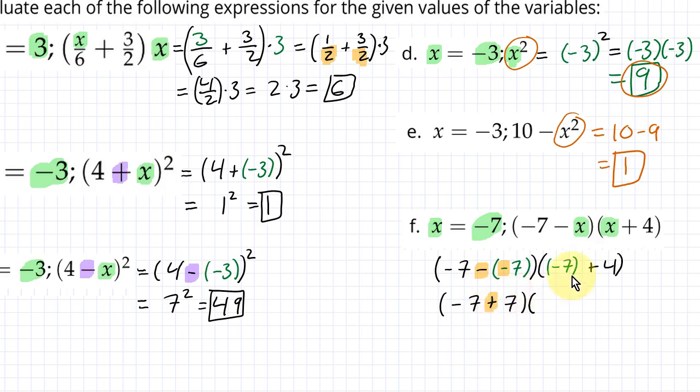And here, -7 plus 4 becomes -3, and we get 0 times -3, which is 0.